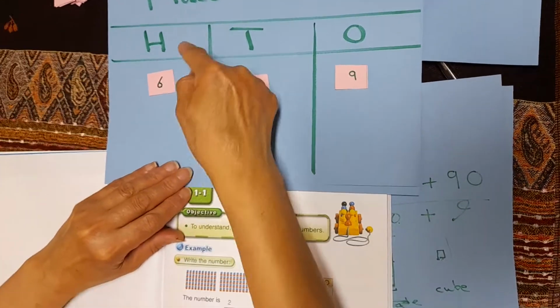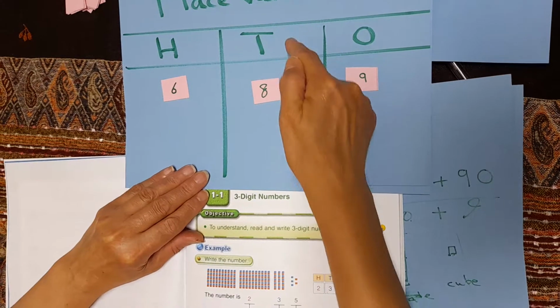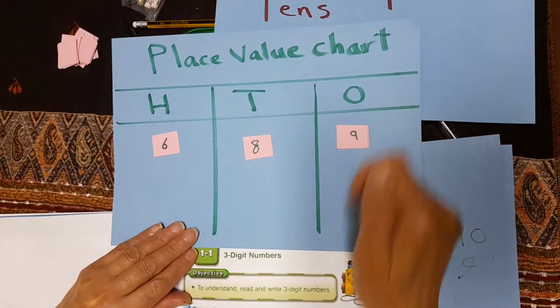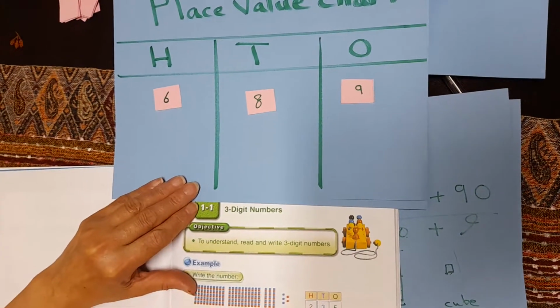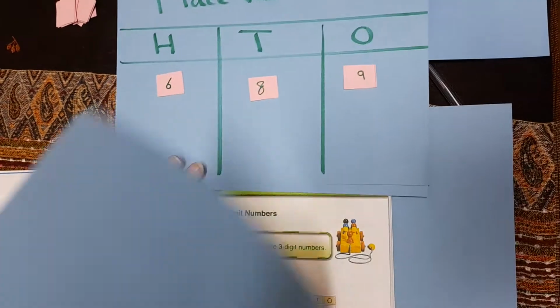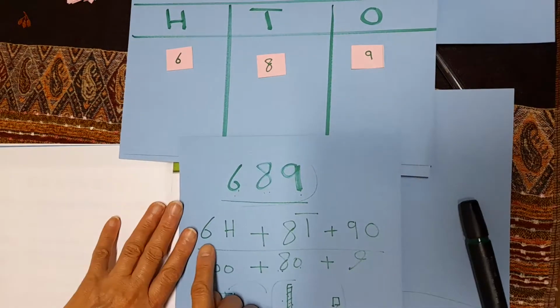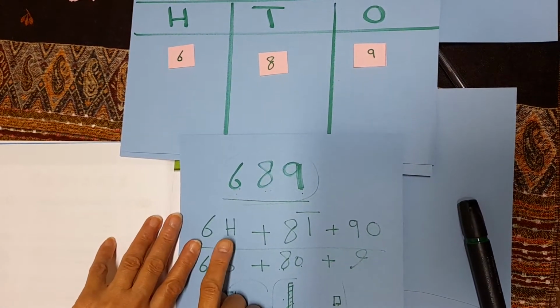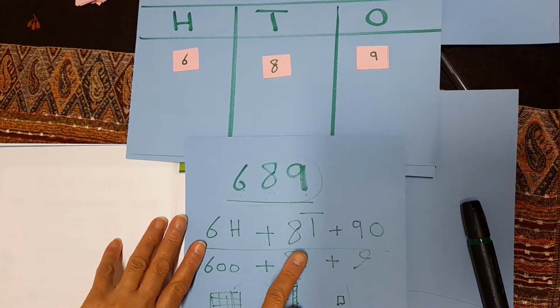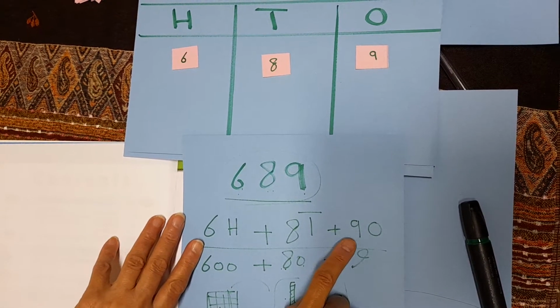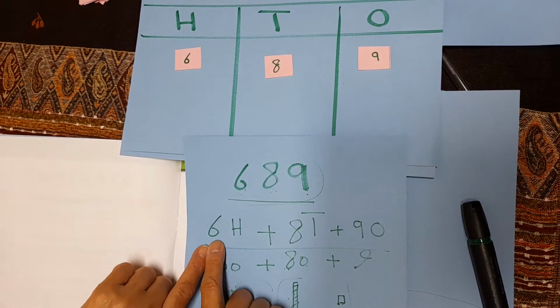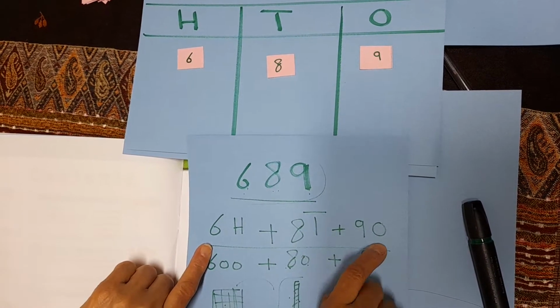You put the 6 in the hundreds, the 8 in the tens, and the 9 in the ones place. Now, I can write this number as I said, I put the 6 in the hundreds, H, plus 8 in the tens, and 9 in the ones place. I can use this as one way to write the number.